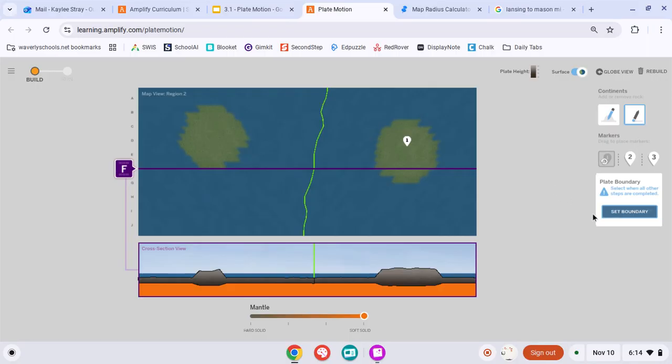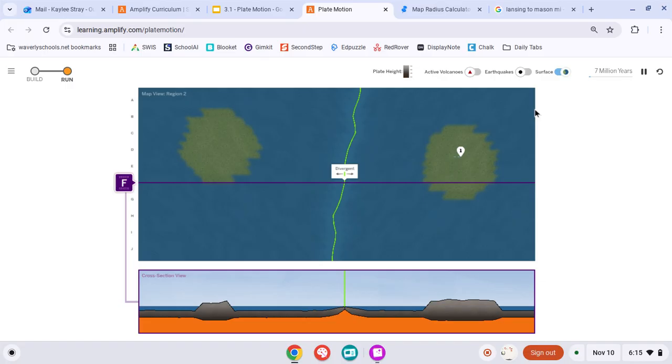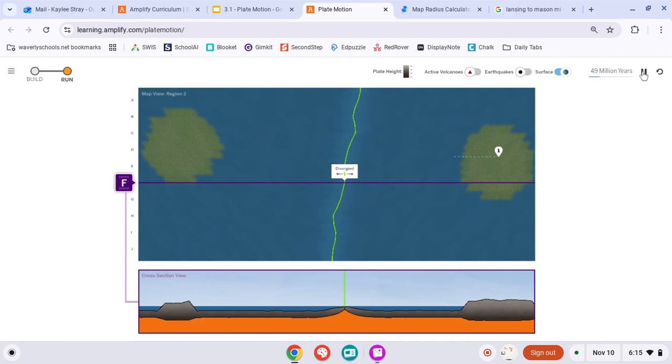I'm going to put one down and set a boundary. We'll do divergent, because that's what we've been talking about with the mid-ocean ridge in the middle of South America and Africa. Then I'm going to click run, and let's stop it at 50 million years. I'm a little bit over, that's okay.